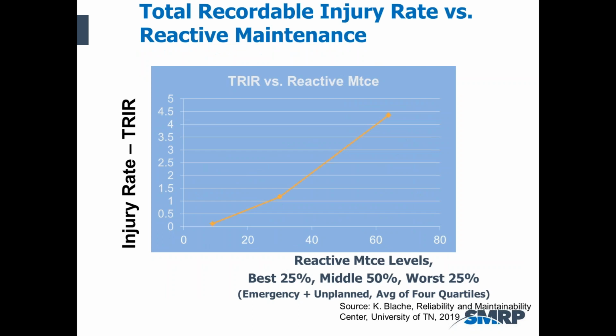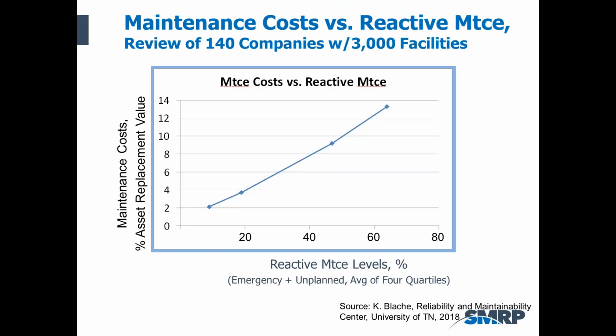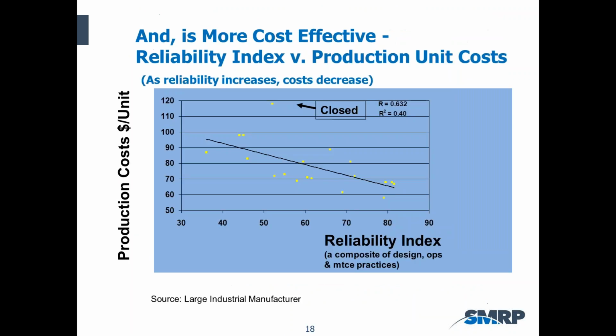We also looked at other data. This is data from the University of Tennessee. And as you can see, as the reactive maintenance levels increase, injury rate increases. And some more data from the University of Tennessee: as reactive maintenance increases, maintenance costs increase. Well, surprise, surprise.